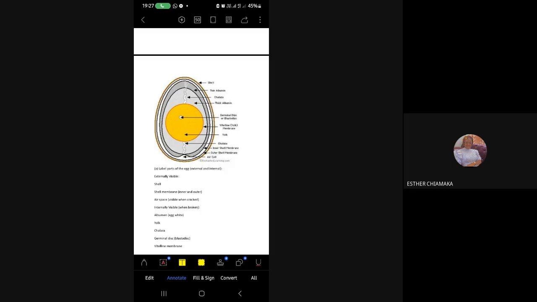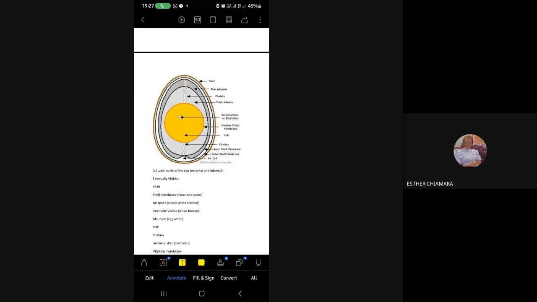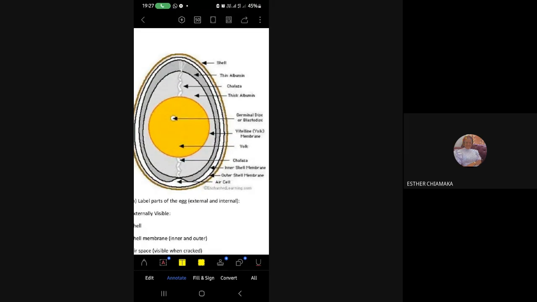But before I forget, I took my classroom students, my physical students, through this practical yesterday. We dissected a boiled egg, and obviously all these parts were visibly seen except a part called the chalaza.